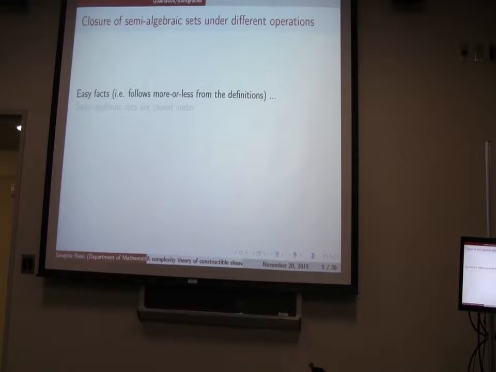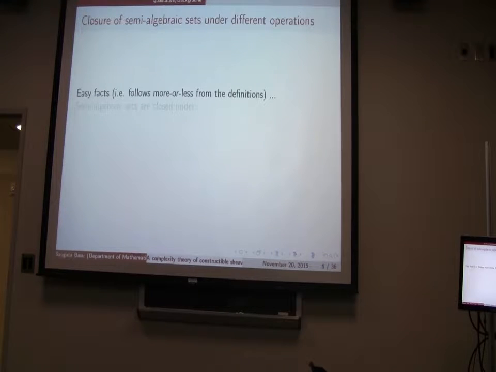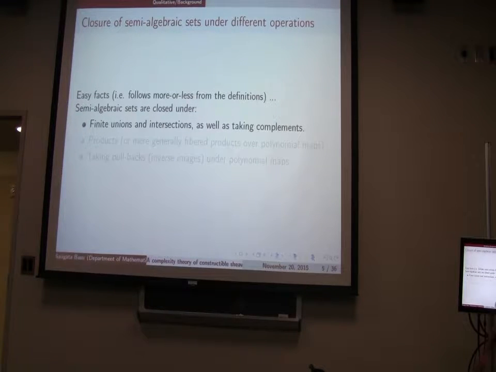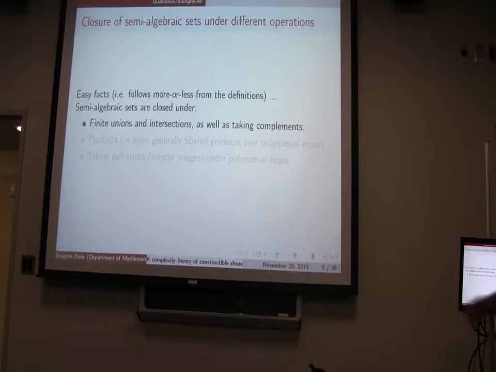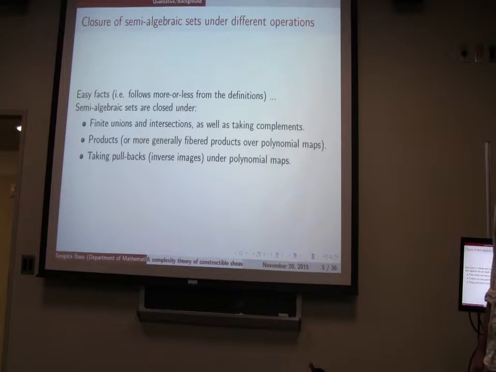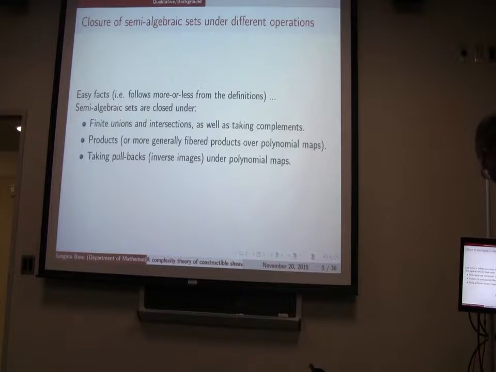Now, it follows directly from these definitions that semi-algebraic sets are stable under all kinds of finite set operations and taking products, more generally fiber products over polynomial maps, and also taking inverse images under polynomial maps. So the fact that they are stable under these operations is just a consequence of the definition.